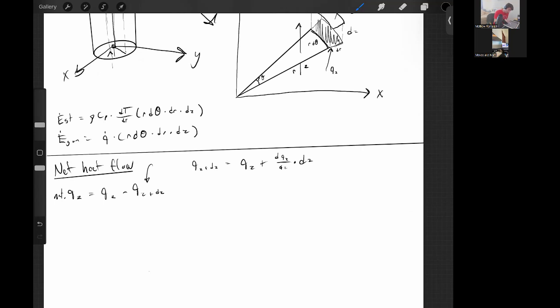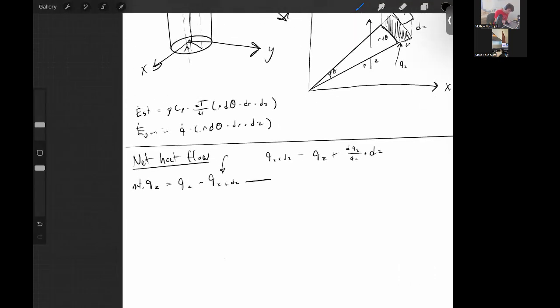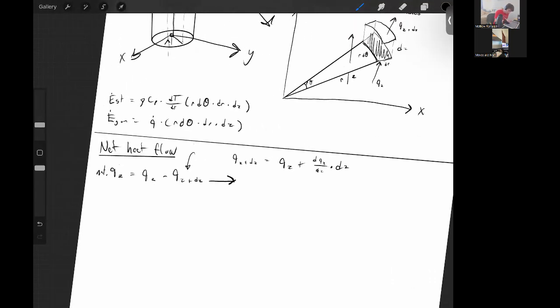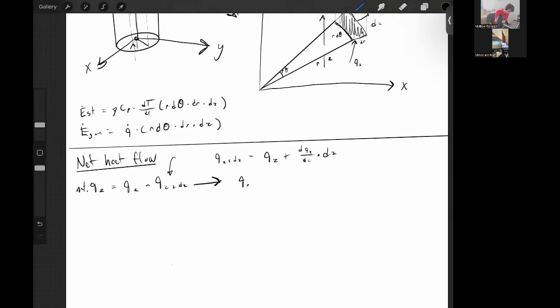So when we plug this into this equation, we get something that looks like Q of z minus Q of z minus the sensitivity of Q over z distance multiplied by d of z, which then just leaves us with the negative sensitivity of heat flow in z times the distance of z equal to our net heat flow of z.